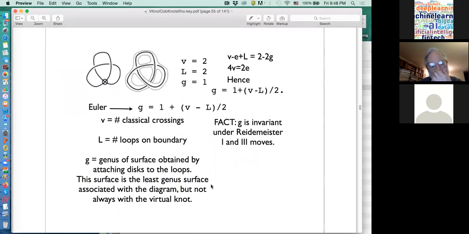And by the way, we can figure out the genus. This is something we didn't do when we were talking about it before. I'm walking through the slideshow and picking up bits of things that are useful to us. See, here's the ribbon construction for this virtual diagram. And then we're going to build a surface by adding cells to the boundary components.